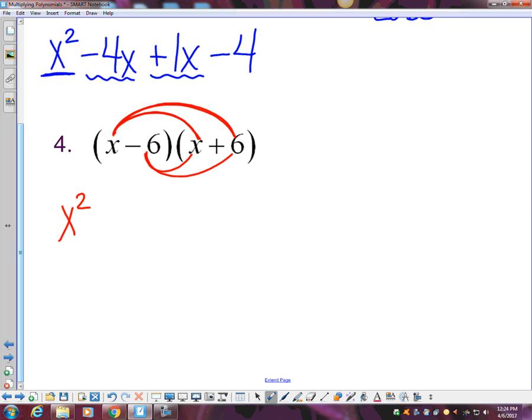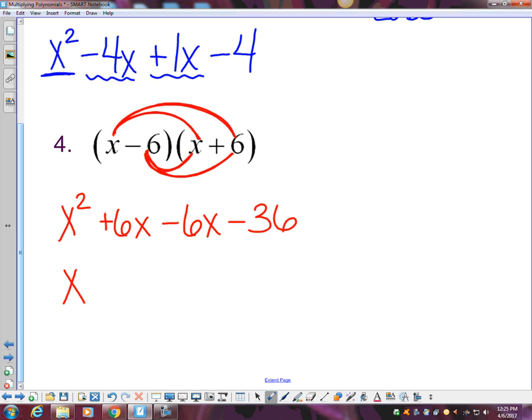X times a positive 6 is a positive 6x. Negative 6 times x is a negative 6x. And a negative 6 times a positive 6 is a negative 36.